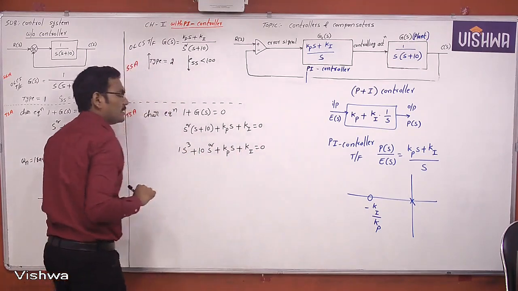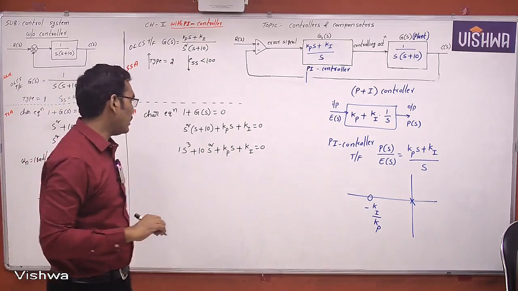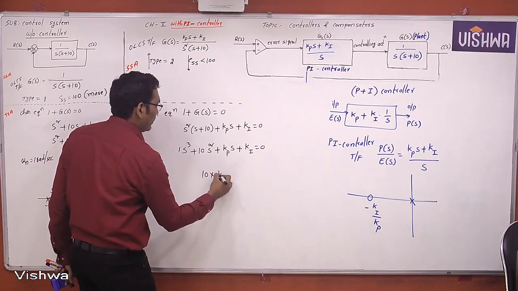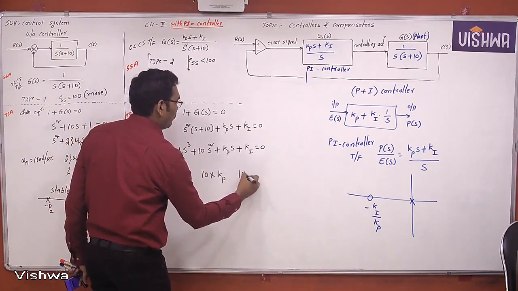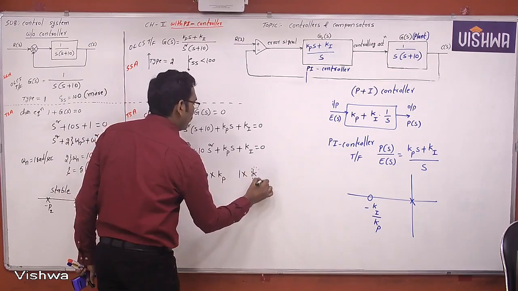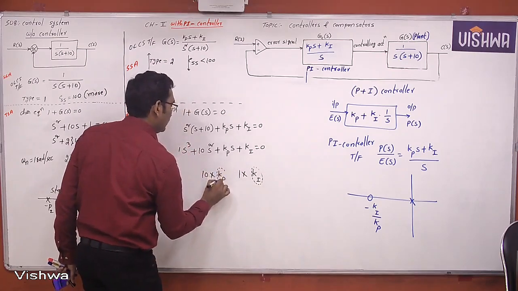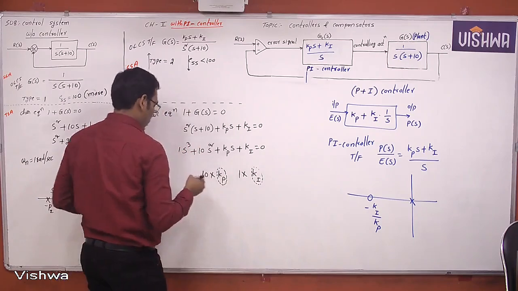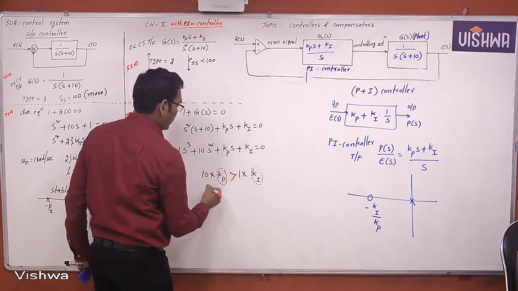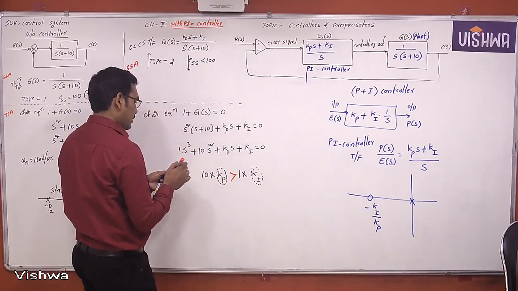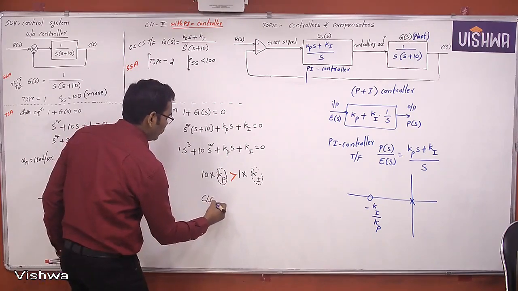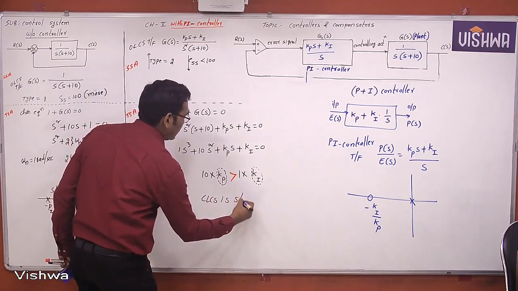This is the characteristic equation of order 3. The internal product is 10 into Kp, and the external product is 1 into Ki. These are the gains which we can control. Therefore, this product should be greater than that. If this product is greater than that, definitely the closed loop control system is stable.